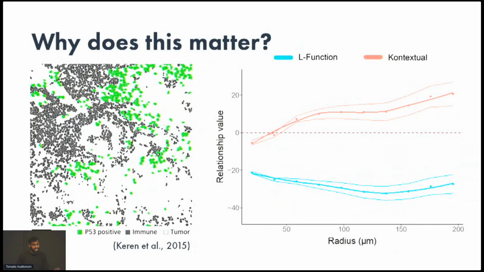Now, one key thing to highlight here is that a discrepancy between the L function and Kontextual, in this case, one is negative and the other is positive, can highlight relationships where adding this context information changes our spatial conclusion.